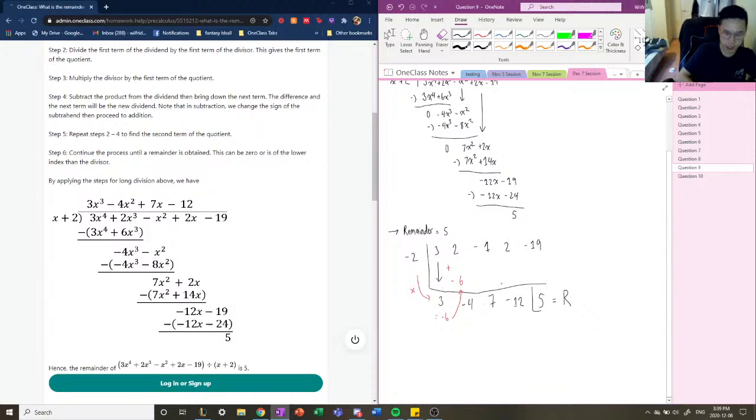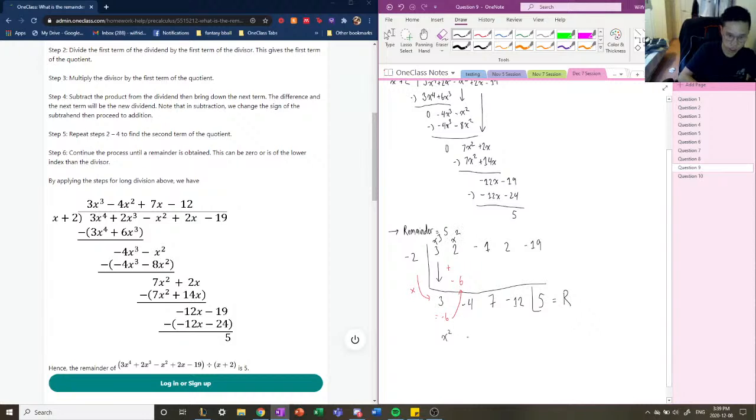And these coefficients here are the coefficients of the resultant quotient, sorry. And the quotient has 1 degree less than the polynomial. So if this is x cubed here, then this first digit here is going to be x squared, and so on and so forth.